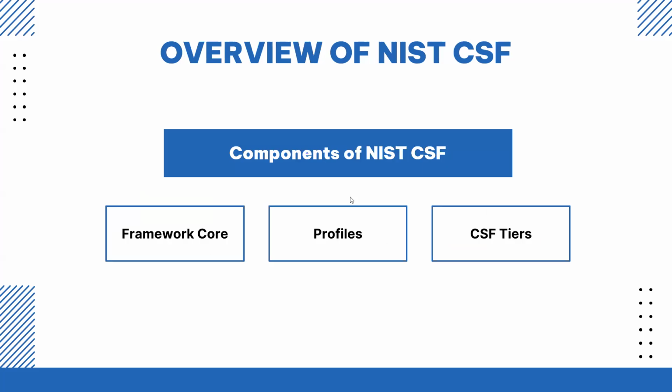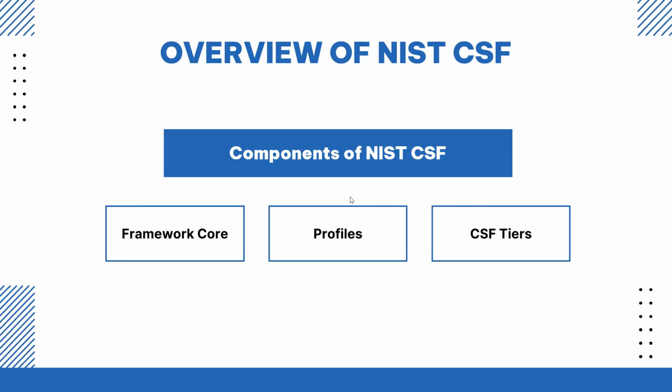Coming up, let's understand the overview of the NIST CSF framework. So at first, let us understand what is the structure of the framework. So the framework has three components: the framework core, the profiles, and the CSF tiers. So the framework core provides a set of cybersecurity activities or outcomes that helps the organization to manage the cybersecurity risks.